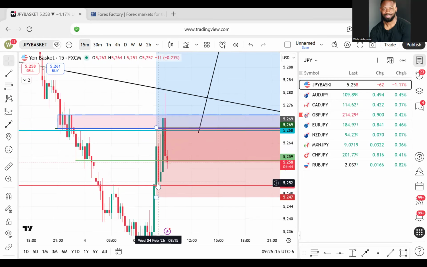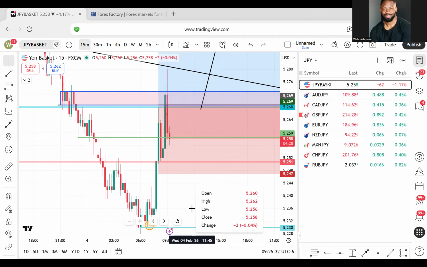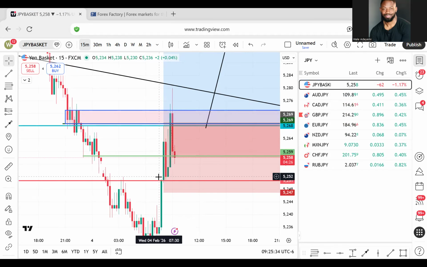Remember, if I said that this was our low, our new low, how is price responding to that? Are we maintaining a higher low? We can trade all the way down to here just as long as we don't make a lower low. If we make a lower low here, I can guarantee that we're going to test down here, right? But as long as we stay above it, remember this is our low.